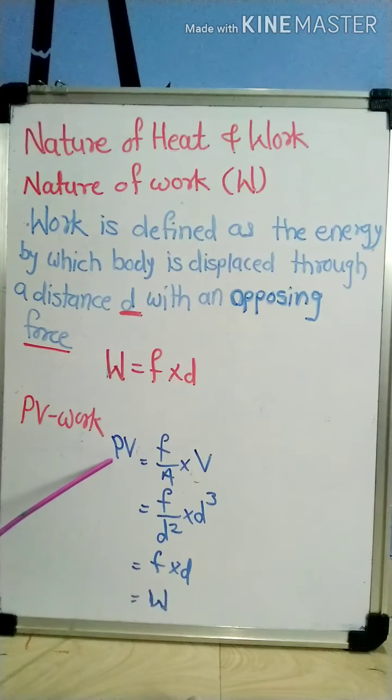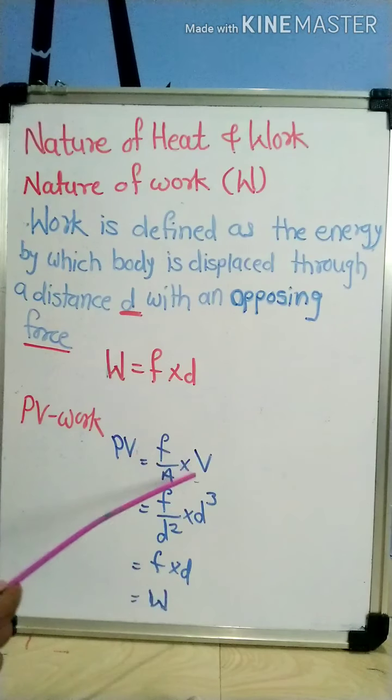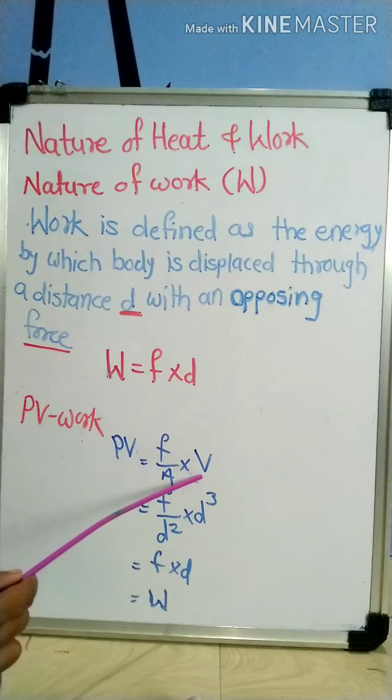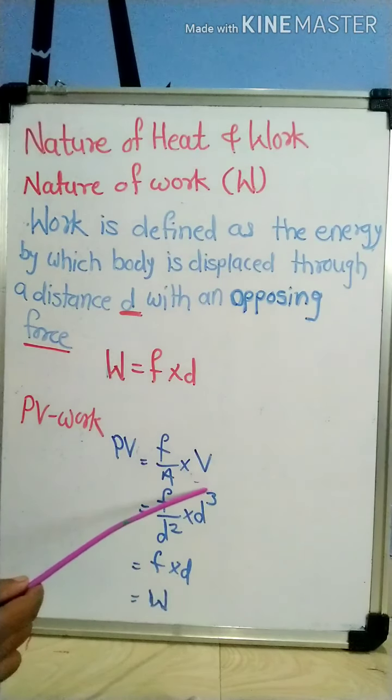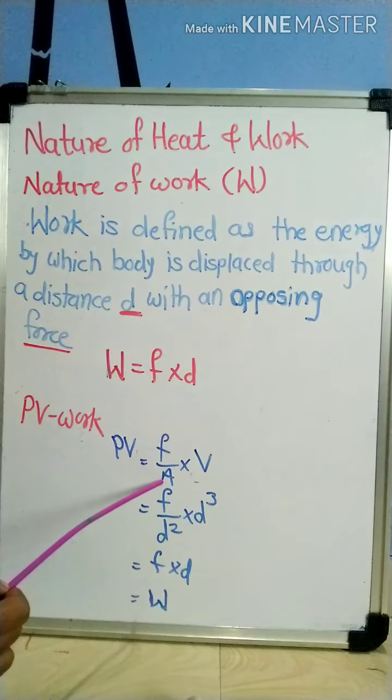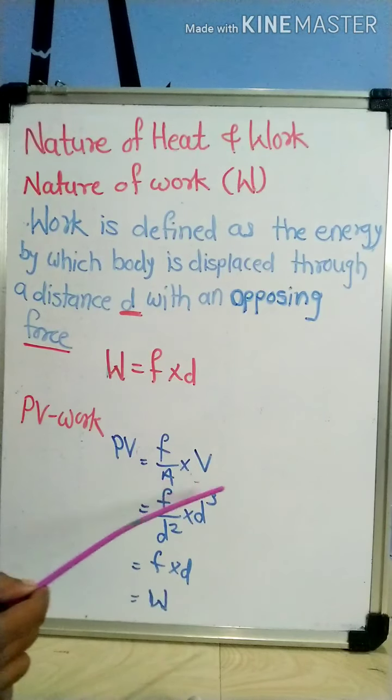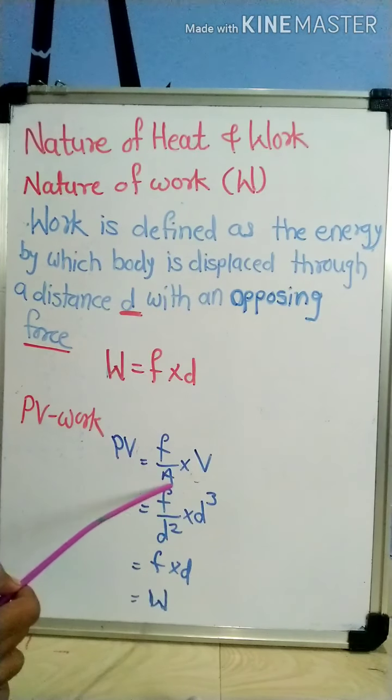So pressure is the force per unit area. So we put the value, force per unit area, into V. V means volume. If D is the distance, then we take A equal to D square and V equal to D cube.